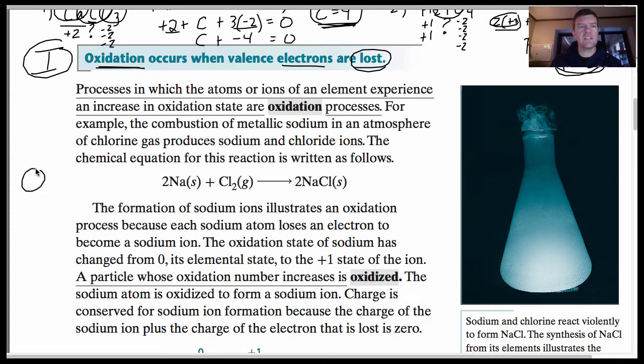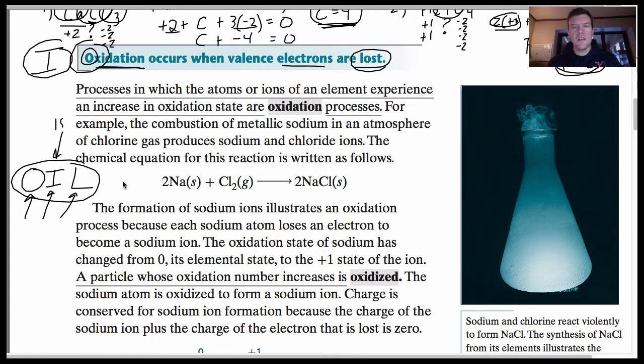If you take oxidation, the O from oxidation, and then I, and then L, that spells oil. So oxidation is losing. That's what that little acronym means. O for oxidation, I for is, and L for losing. So oxidation is losing. Oil.